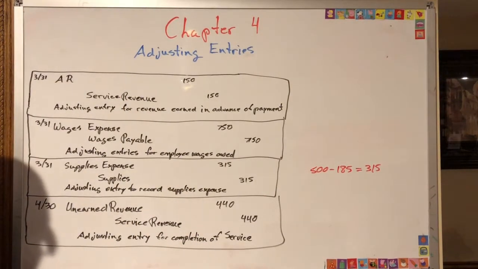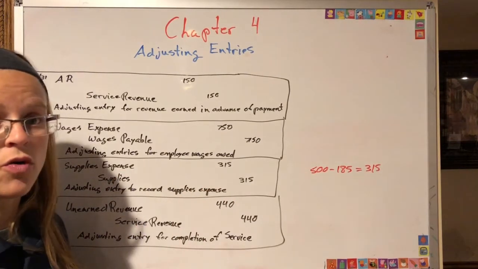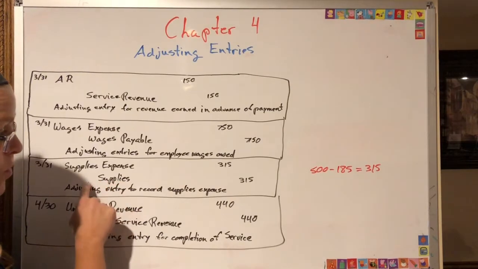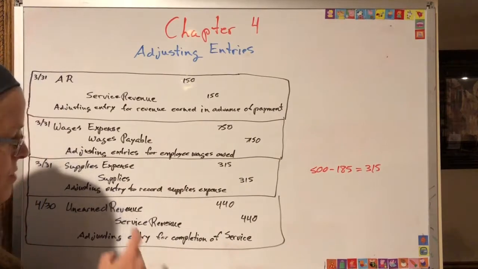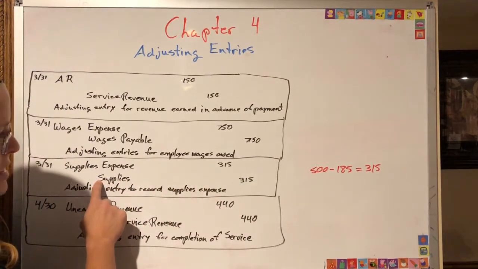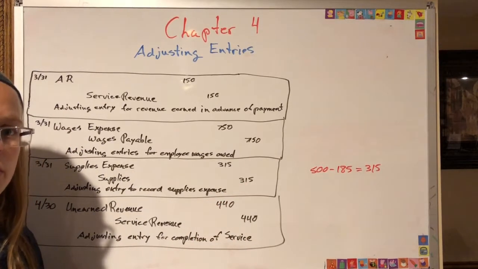So we have our supplies expense of $315, which is our debit, and we actually have to credit our supplies account because we no longer have those supplies left.